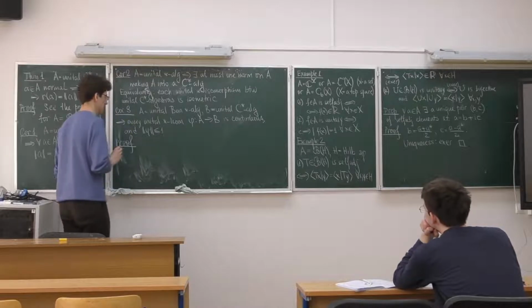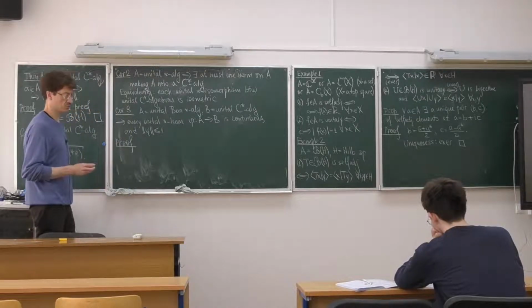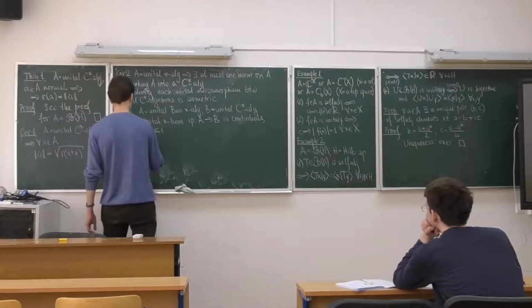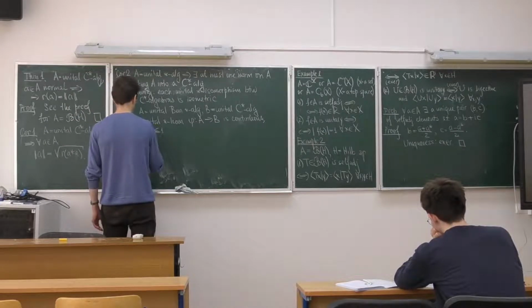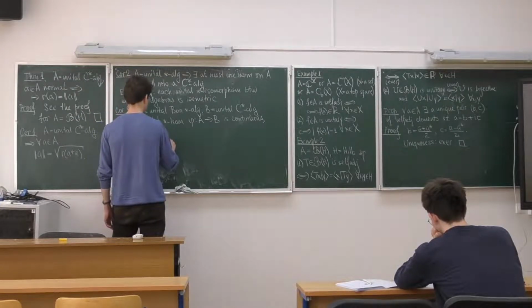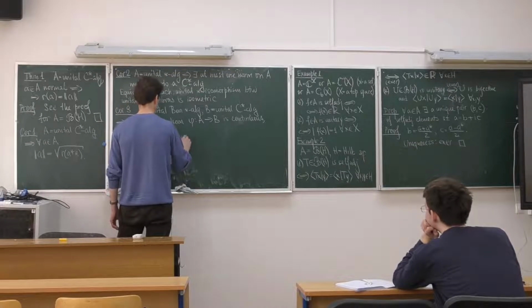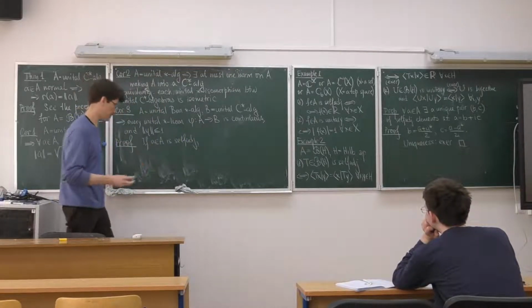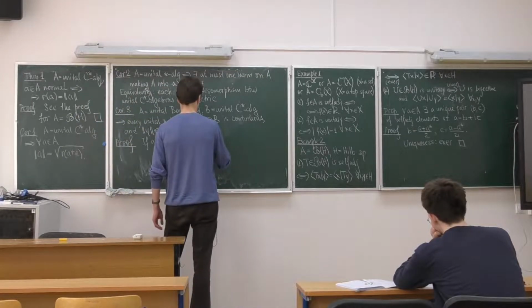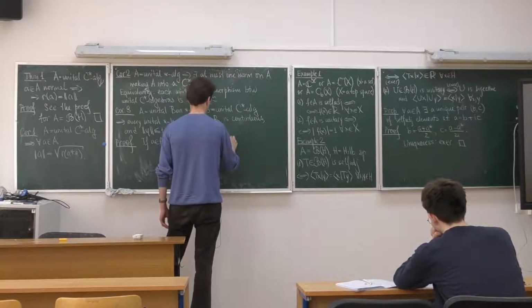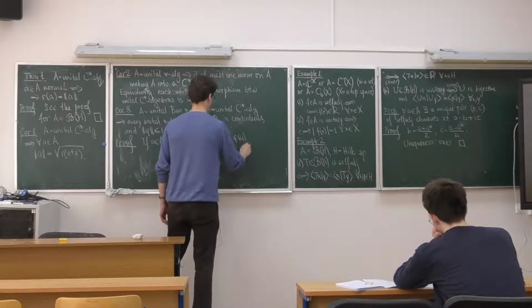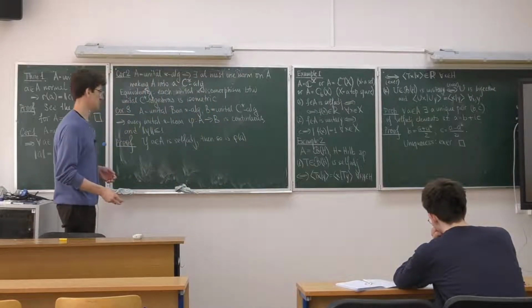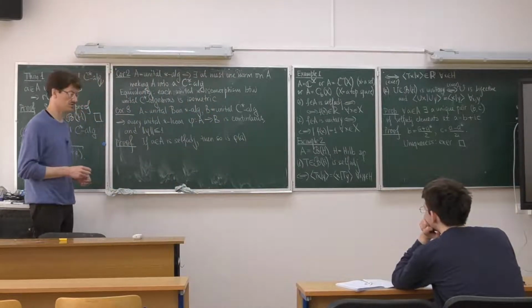To prove this result, we first of all look at self-adjoint elements. If little a is a self-adjoint element of A, then of course so is phi of a. Because phi is a star homomorphism, it takes self-adjoint elements to self-adjoint elements.